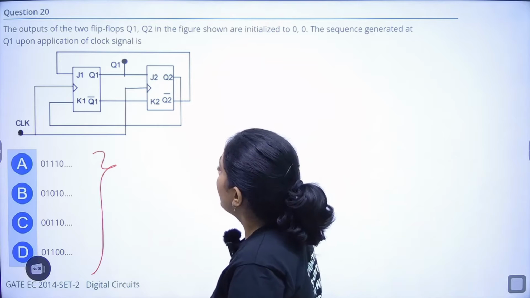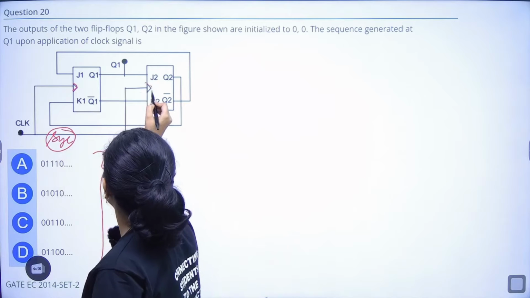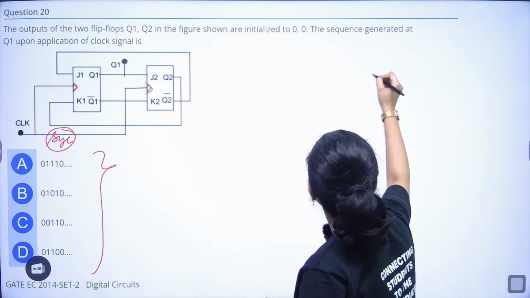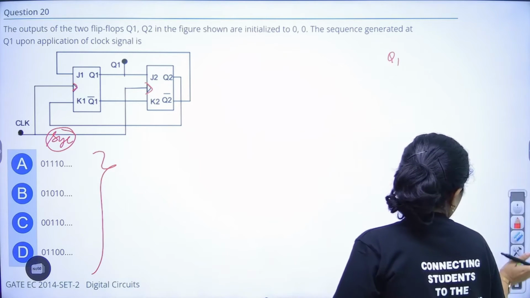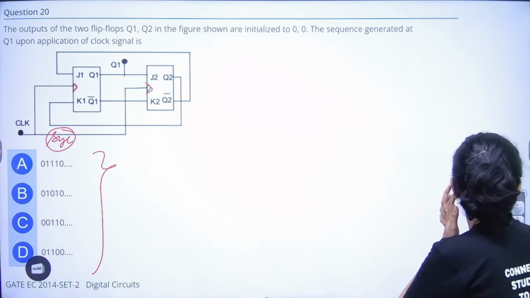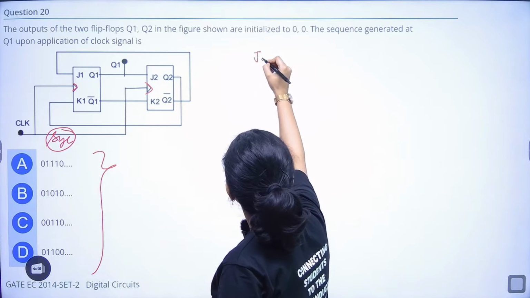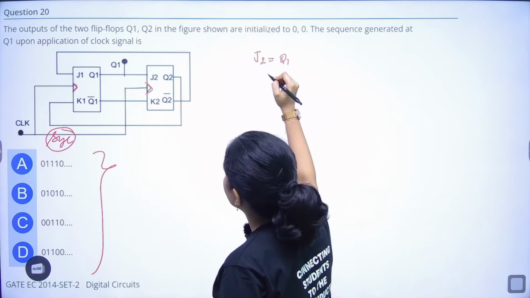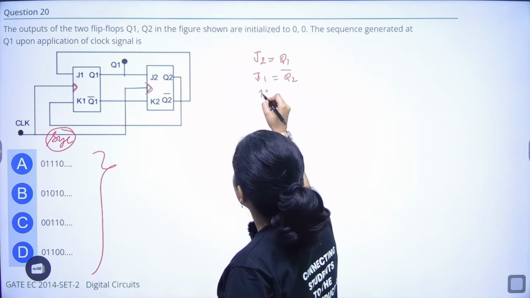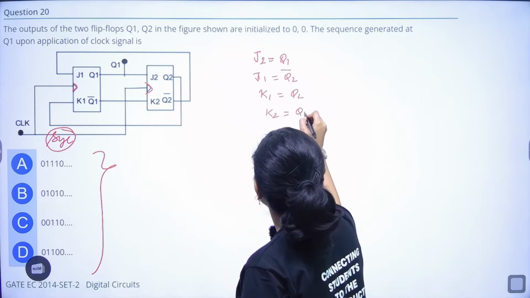So this is a synchronous type of counter because the same clock is given to both the J and K flip-flops. Now we have to find out the values for Q1 only. Here, J2 is equal to Q1, J1 is equal to Q2 bar, K1 is equal to Q2, and K2 is equal to Q1 bar.